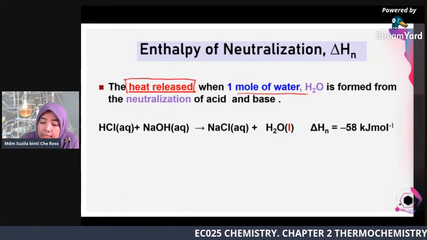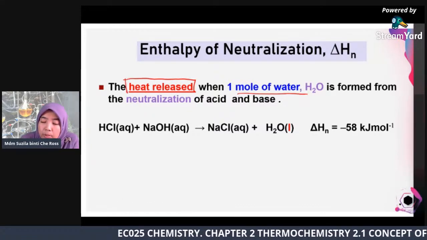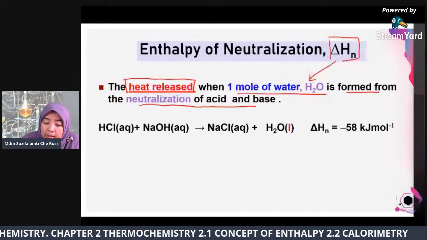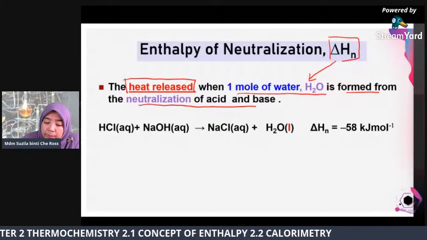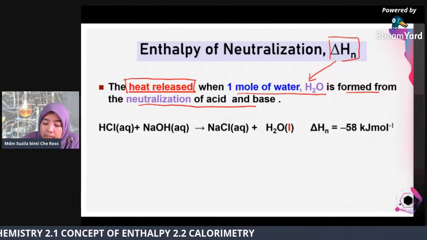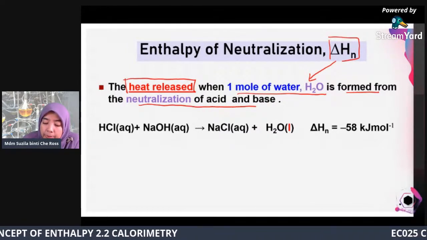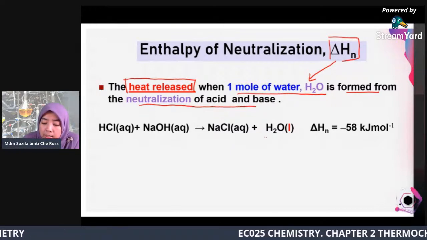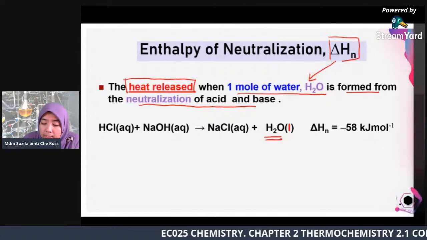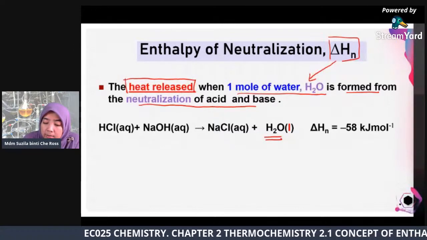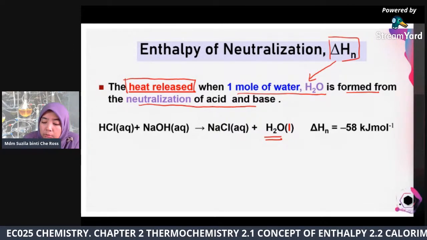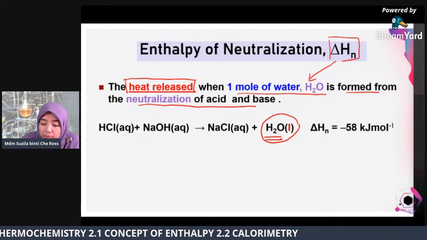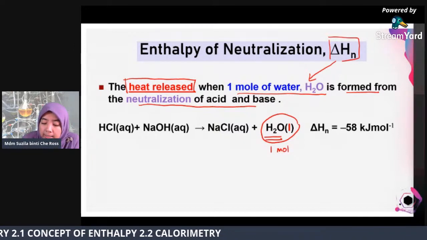So delta Hn refers to the number of moles of H2O formed. Here, for example, the reaction between HCl and NaOH, sodium hydroxide, to produce NaCl and H2O. So when we balance the equation, this is the balanced equation. Then for H2O, we need to make sure it is 1 mole. Okay, 1 mole for delta Hn.